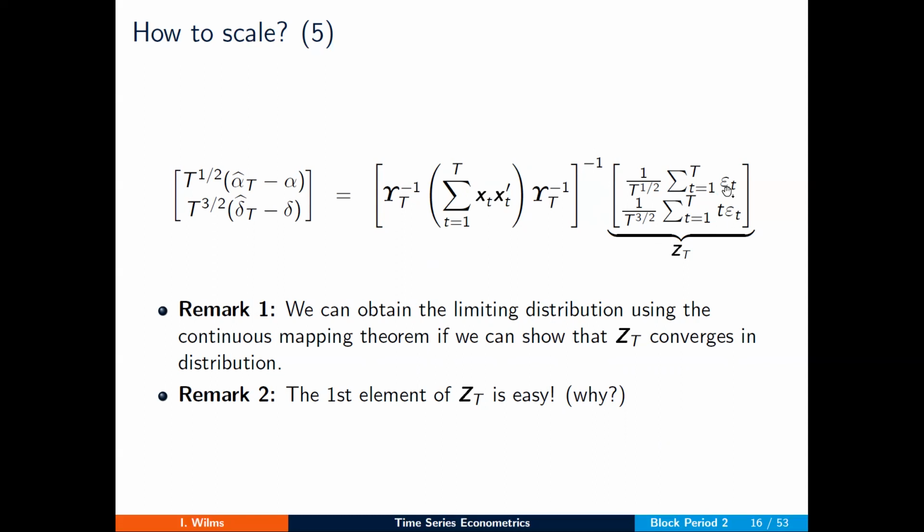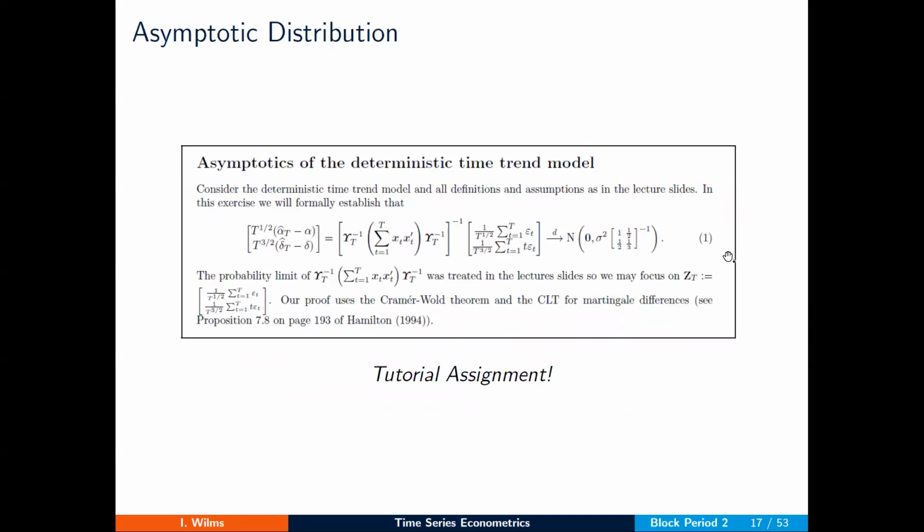The first element is easy since this is a scaled average of IID errors, and we can simply rely on the central limit theorem for IID sequences. In the tutorial, you will dive further into the limiting distribution of z_t for the deterministic trend model.